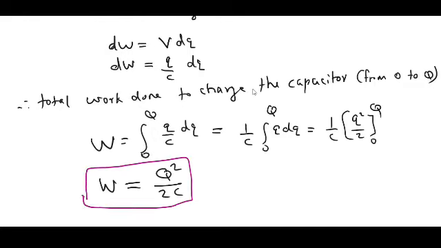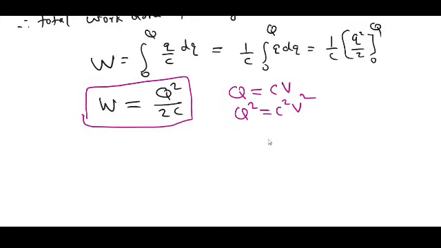This expression can also be written in this fashion. If you substitute q is equal to cv, then q square will be equal to c square v square. Then this W can be written as c square v square divided by 2c is equal to half cv square.